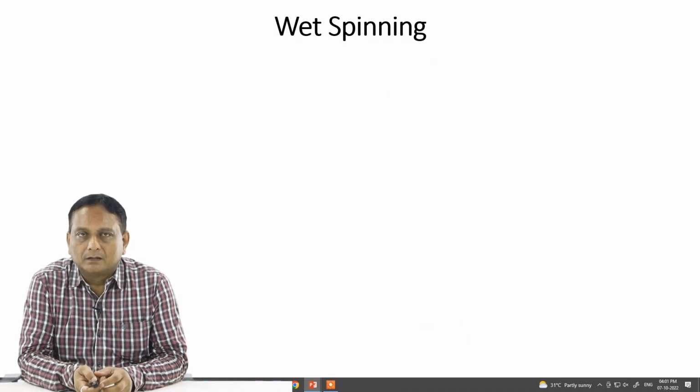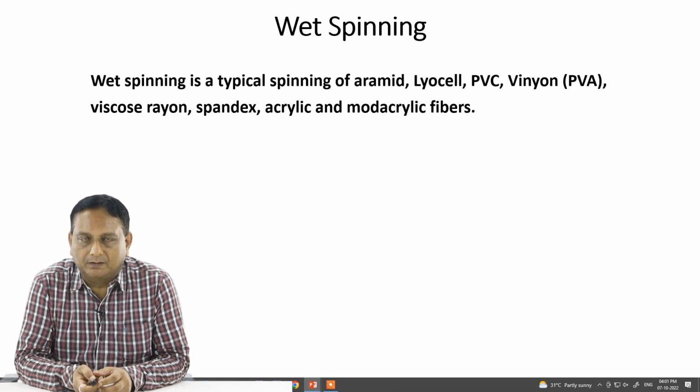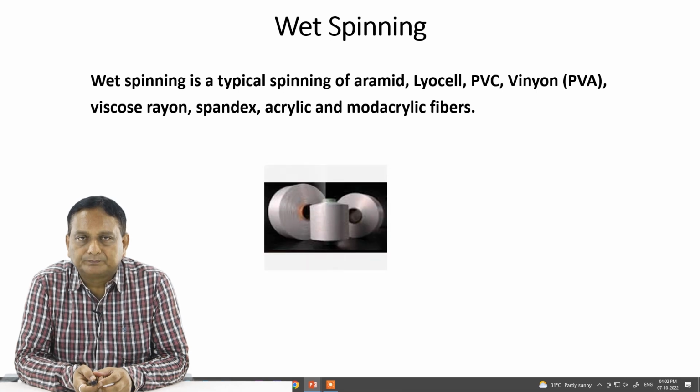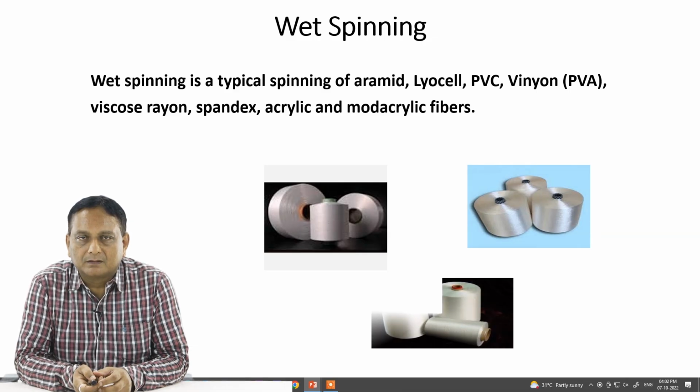Now let us come to the wet spinning process. What do we mean by wet spinning, and which fibers does it cover? It is a typical spinning process for aramid, lyocell, PVC, nylon, vinyl, viscose rayon, spandex, acrylic and modacrylic fibers. In the wet spinning process, very lustrous yarn is produced, as shown in the figure.